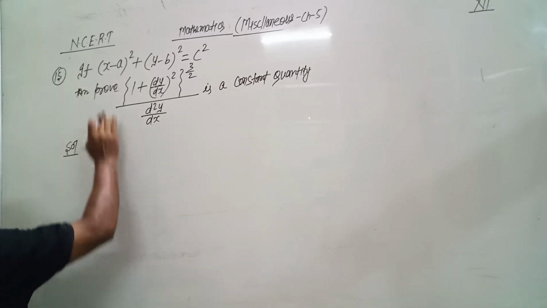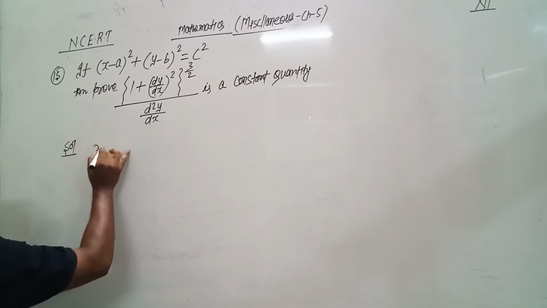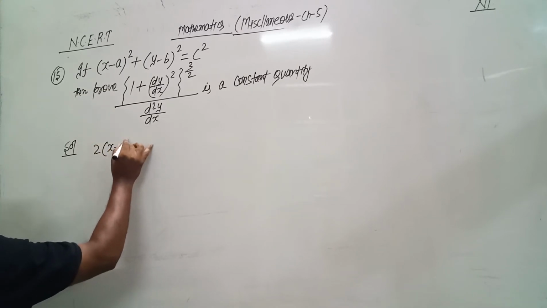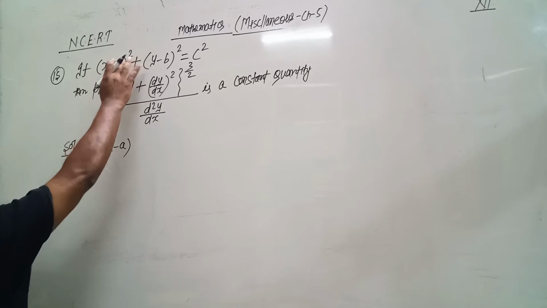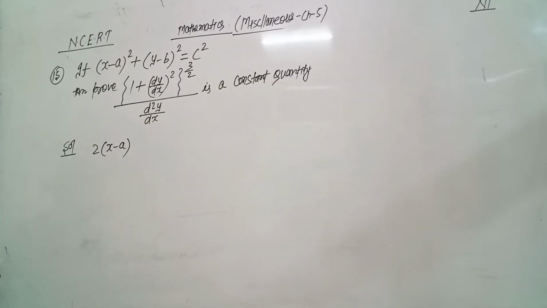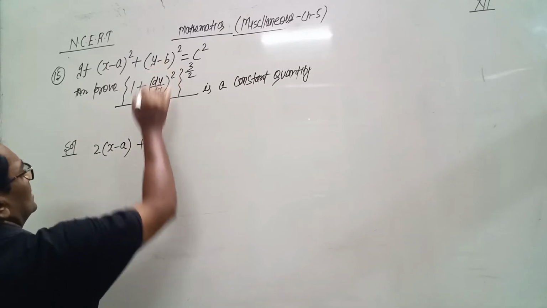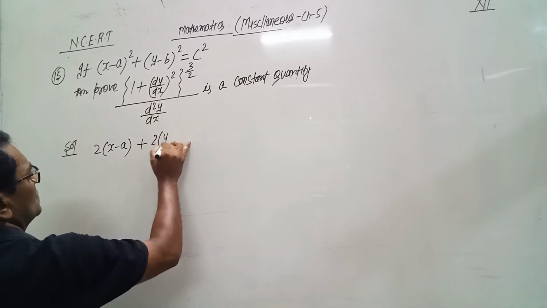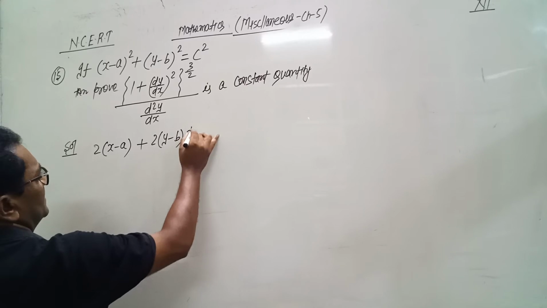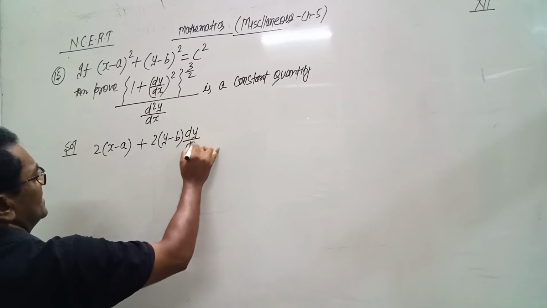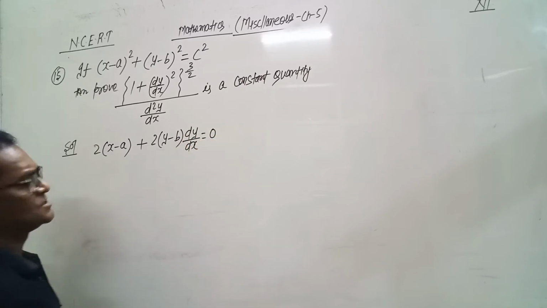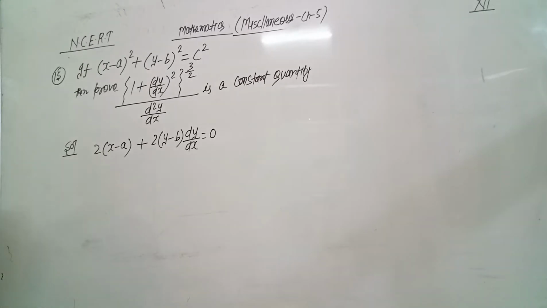So differentiate with respect to x. 2 times (x minus a), and drop a square. Differentiation of x is 1 and differentiation of a is 0. Plus this becomes 2 into (y minus b), and differentiation of y is dy by dx, equals differentiation of c square, which is 0.